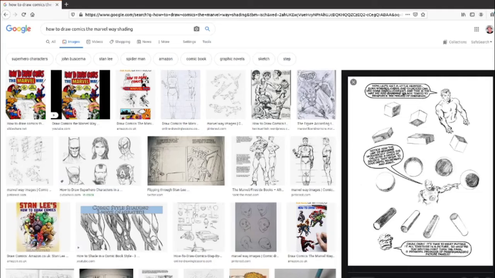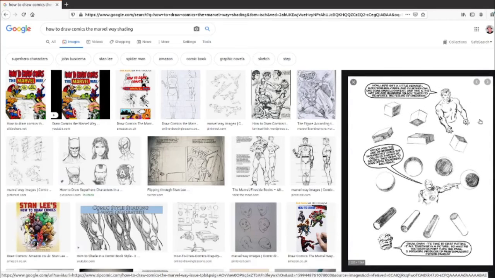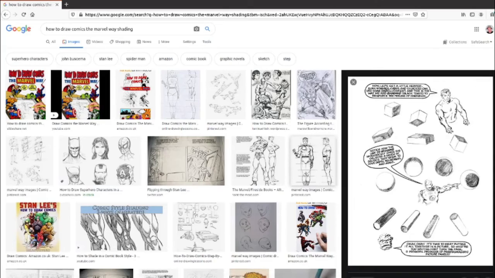Okay, I remember seeing this, and remember seeing a page in How to Draw Comics the Marvel Way which looked very similar. Google image search brings up this result, and I think this is what I remember. It's not 100%, but with some more investigation we might be able to find something. At the moment it's kind of a maybe.